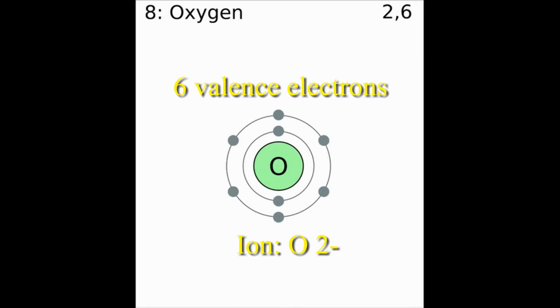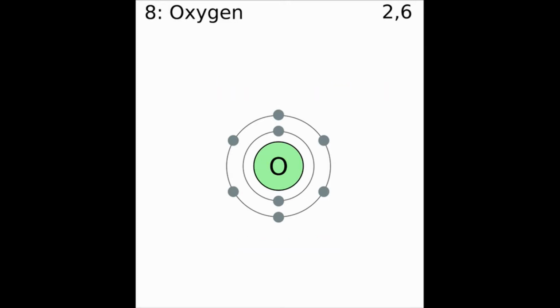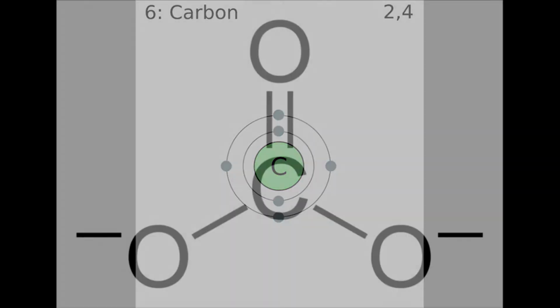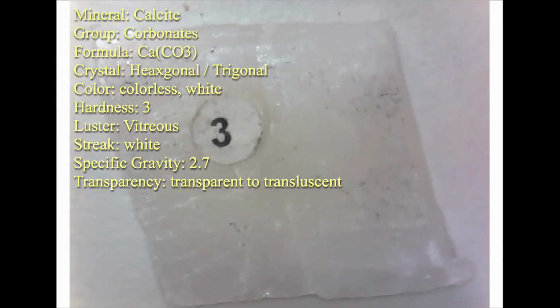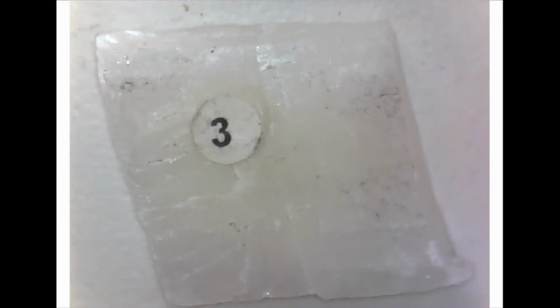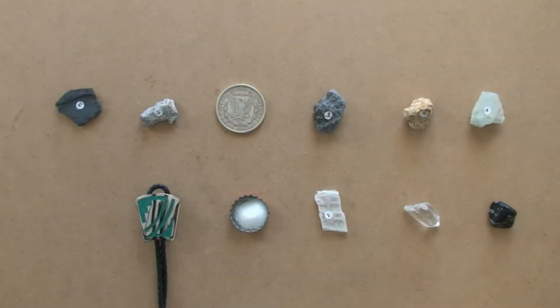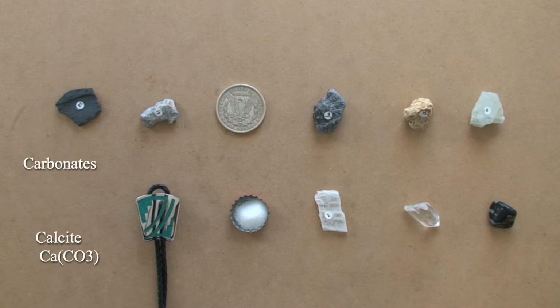So oxygens will form an oxygen 2 minus, so that'll give it 3 times 2 is minus 6, and then it'll combine with the carbon, and you'll get the carbonate, CO3, and it's 2 minus, so it's a slight imbalance there in the charge. So that's how you get this carbonate here. So this is one of the most well-known minerals, calcium carbonate or calcite, and so that's group number 7 there I've got. Okay, next group is, put the carbonate back here.